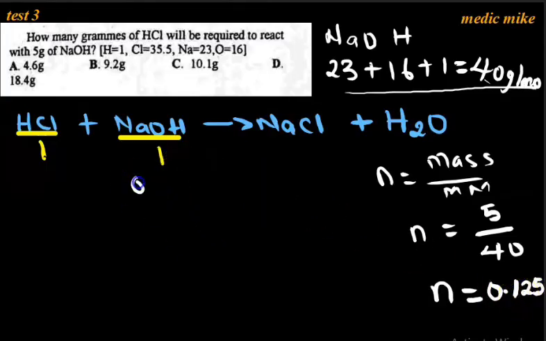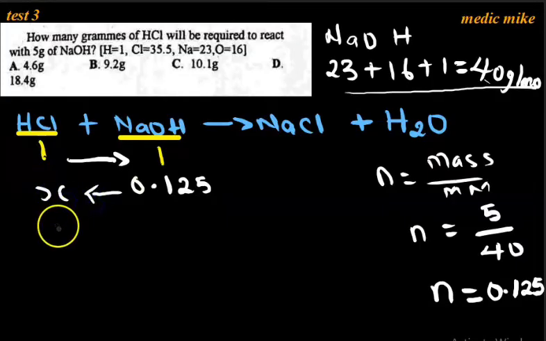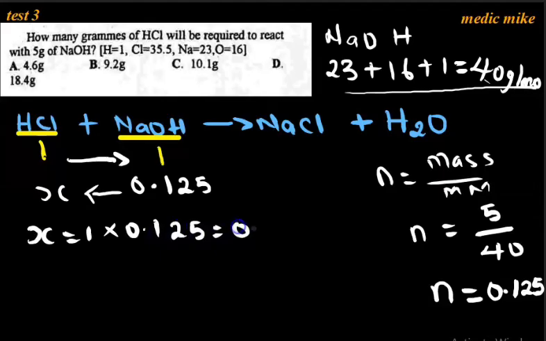So we'll come over here with 0.125. We're asked to look for the mass of HCl. So comparing this, if 1 mole of NaOH gives 1 mole of HCl, then 0.125 mole will give us what? Will give us X. So X equals 1 times 0.125, which is equal to 0.125.